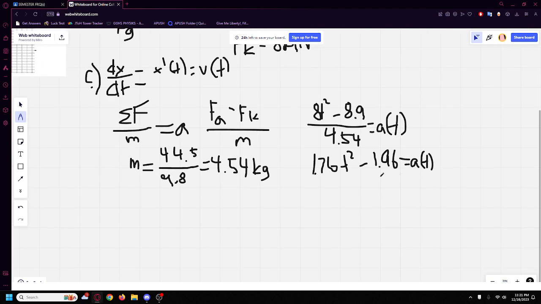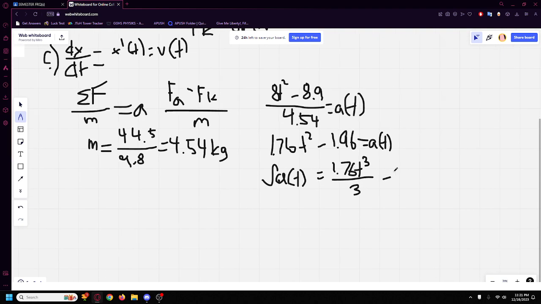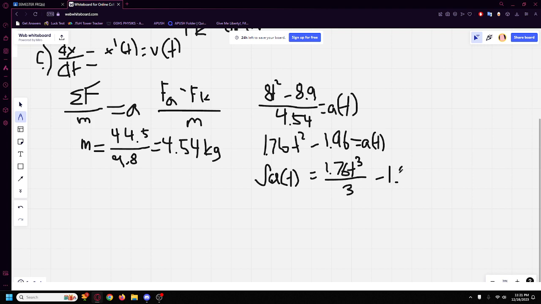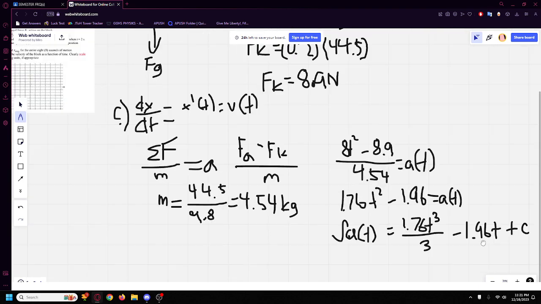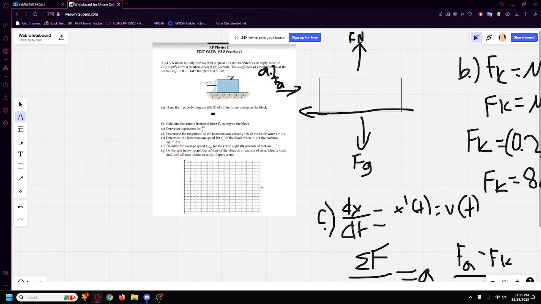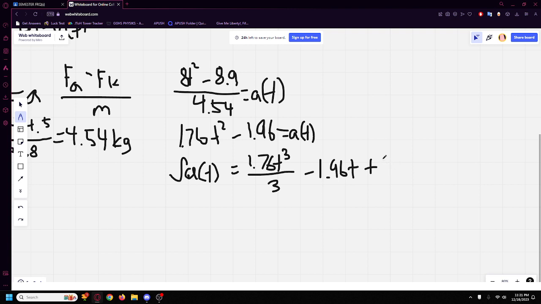Now to find v of t, you integrate a of t, which is equal to 1.76 t cubed over 3 minus 1.96 t plus c, and c is equal to 4 because the question says the block is initially moving 4 meters per second.